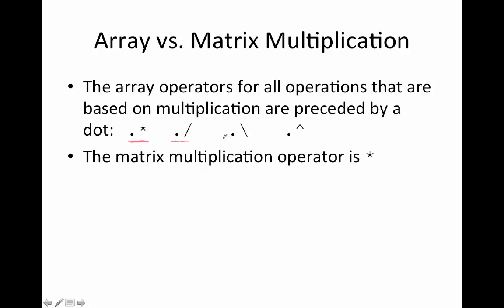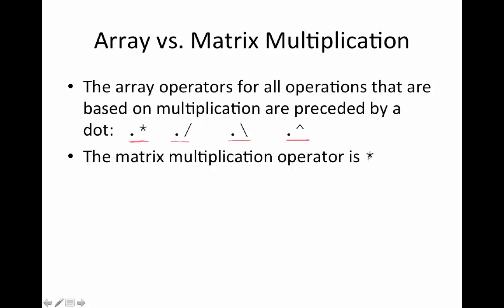If you want to divide, dot slash, either one of the division operators. And if you want to go through element by element, taking one vector or matrix and raising it to the power given by another, you use the dot caret operator. So again, all of the operations that are based on multiplication are preceded by a dot.